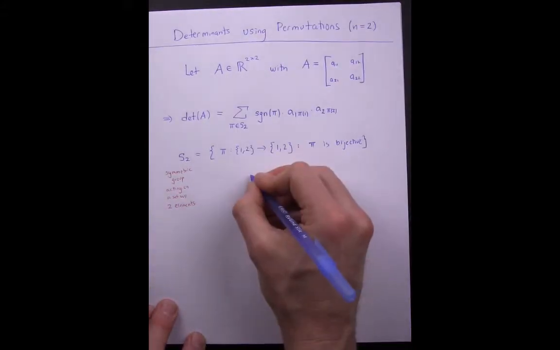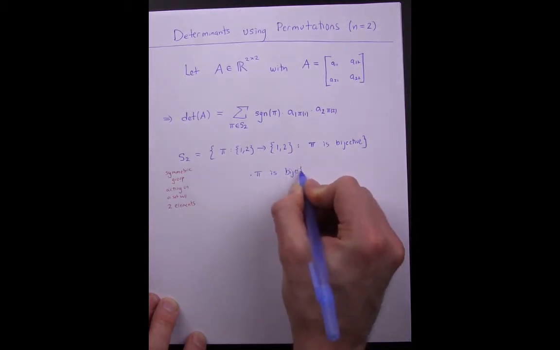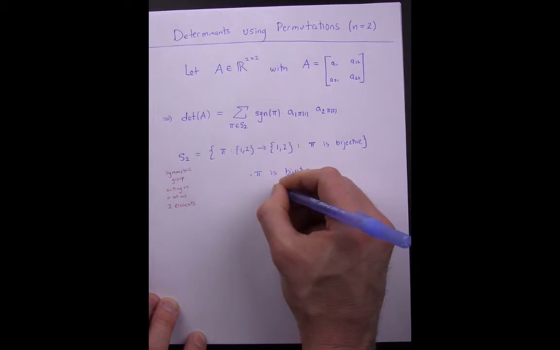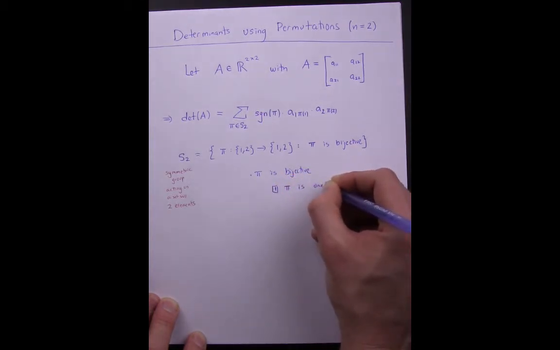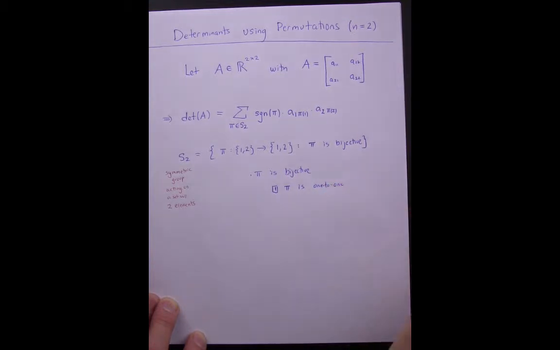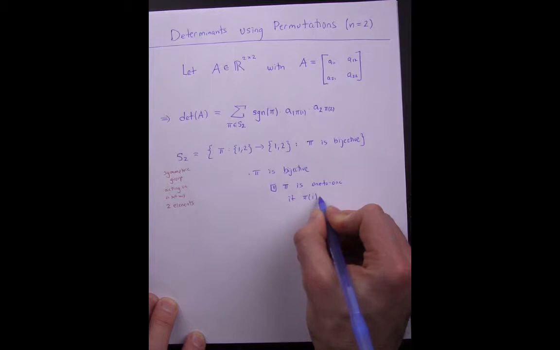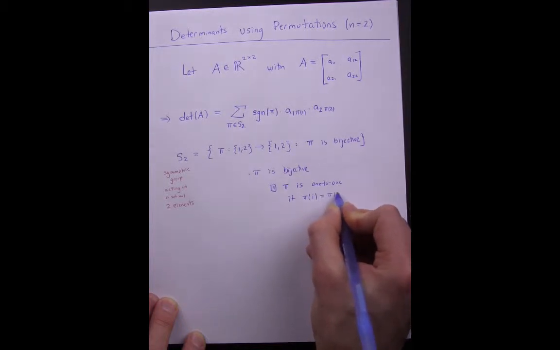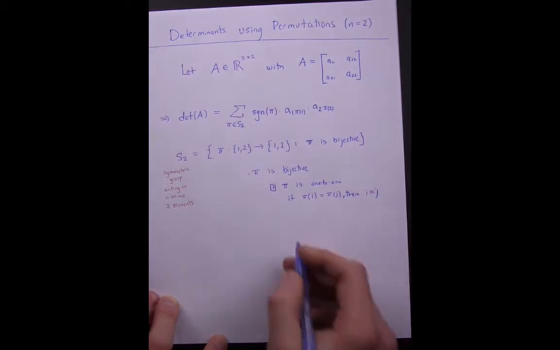When we say that pi is bijective, it means, first, pi is 1 to 1, which means if the output of 2 evaluations are equal, then the inputs must also be equal.